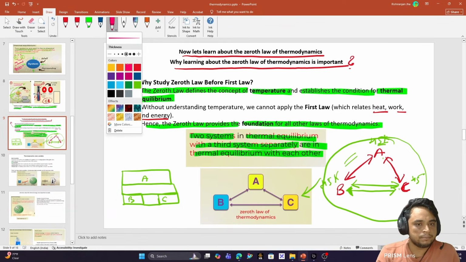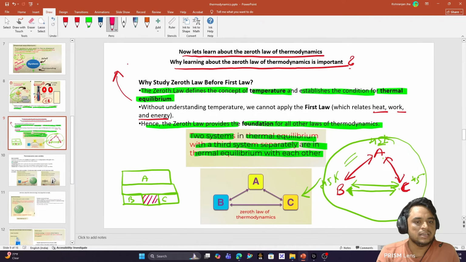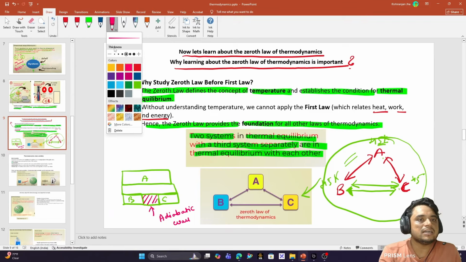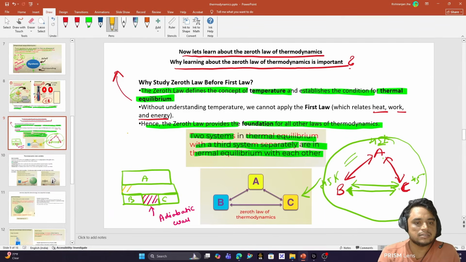So between B and C, we have an adiabatic wall. Between A and BC, we have this diathermic wall.